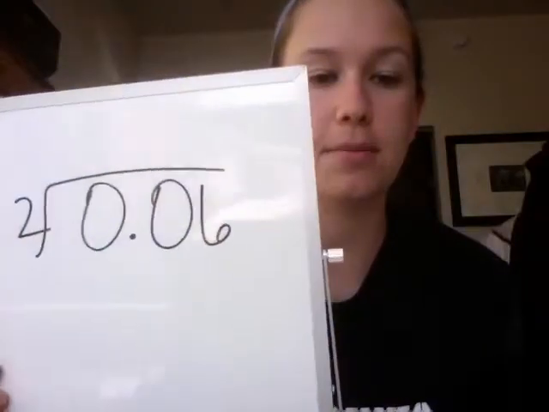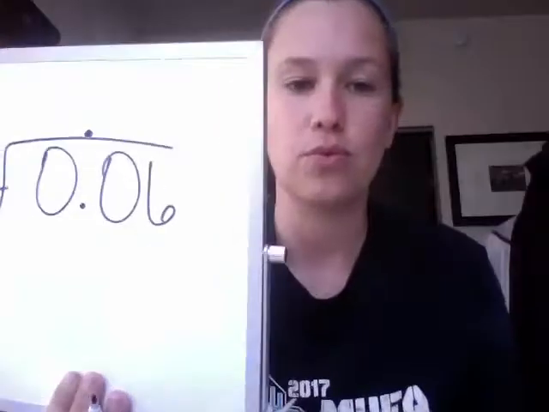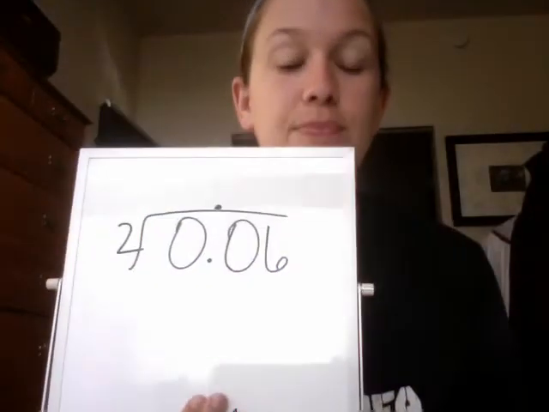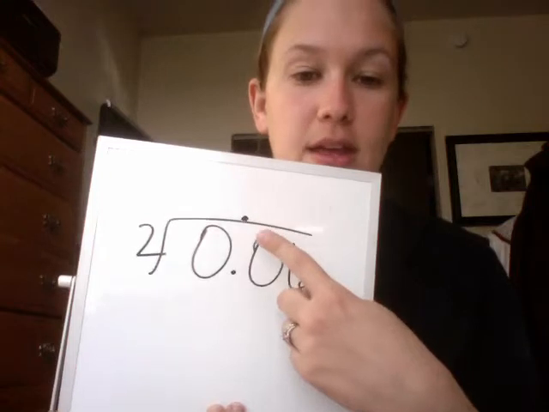So now let's look at B. This time we have 6/100ths. 6/100ths divided by 2. So I'm going to write out my problem. I'm going to bring my decimal point up first thing. I just move it straight up.